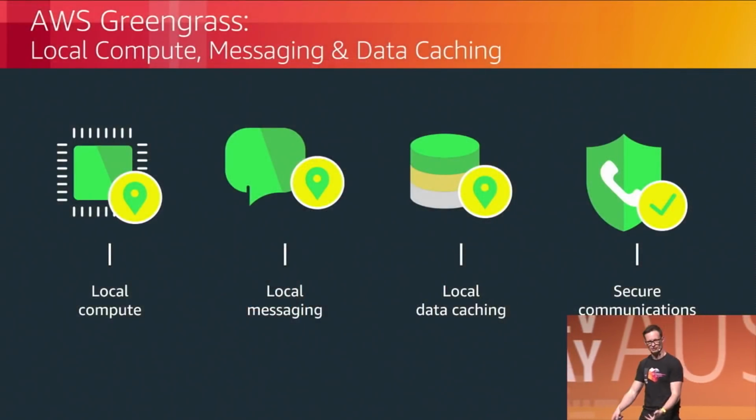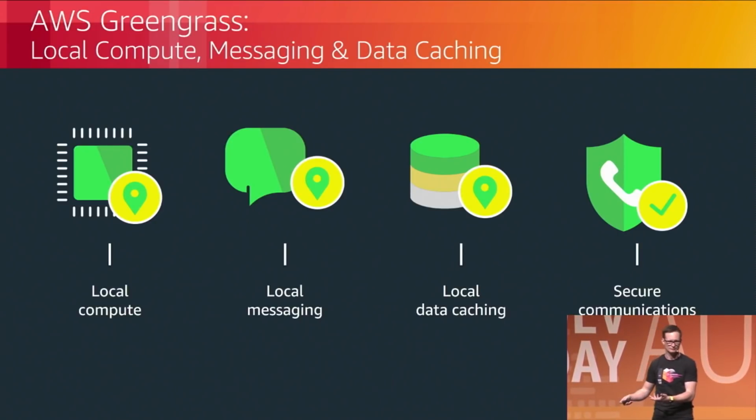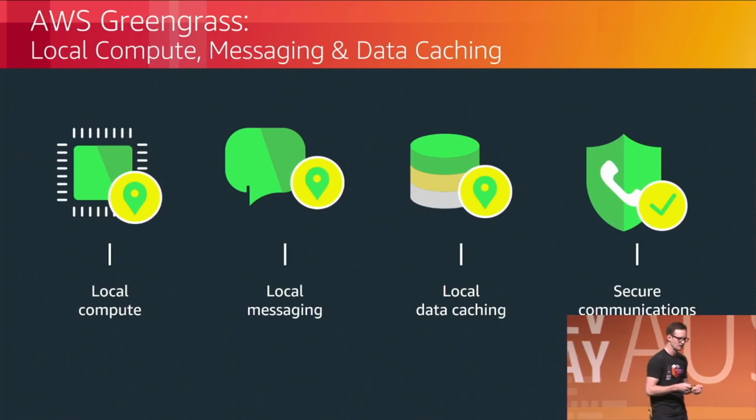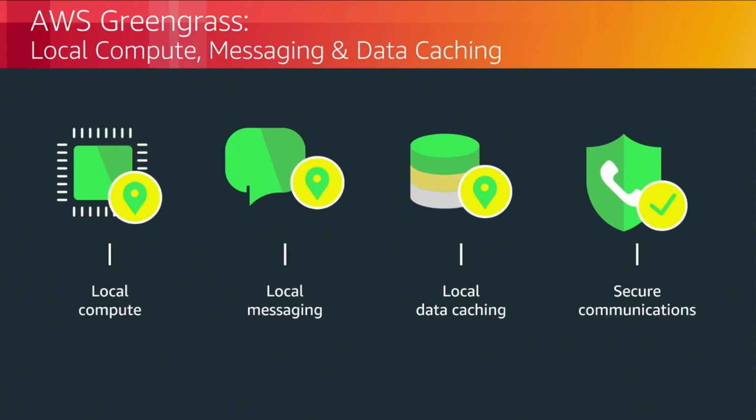It has an ability for local messaging. So Greengrass can act as a hub to connect further on down the chain to other devices, in an entirely offline mode. You can cache data, and of course, security is always a priority. So everything's TLS encrypted using certificate-based authentication, just like our normal IoT services.